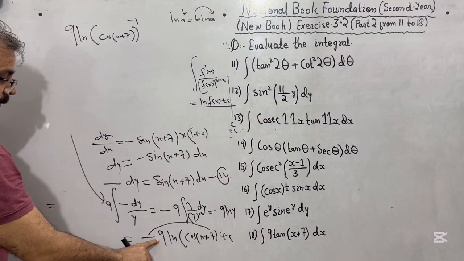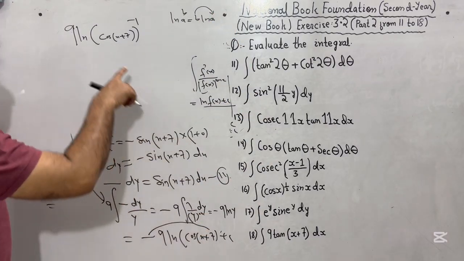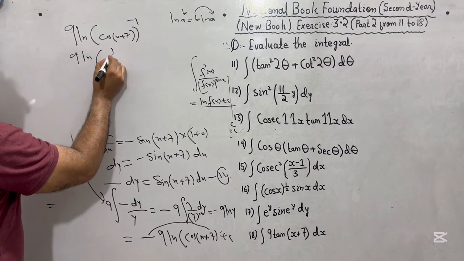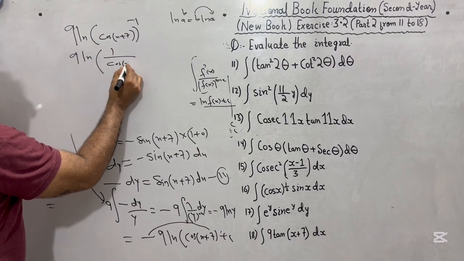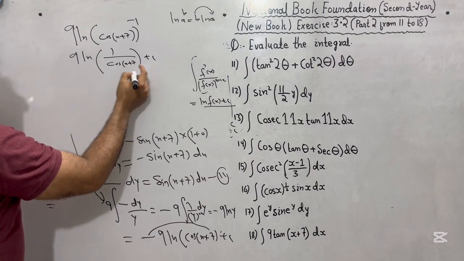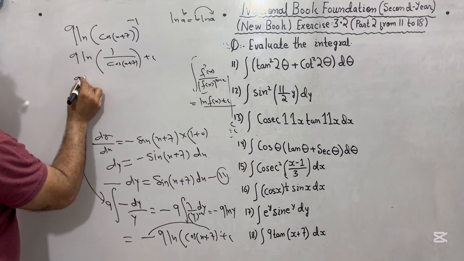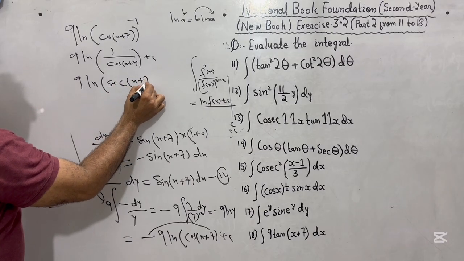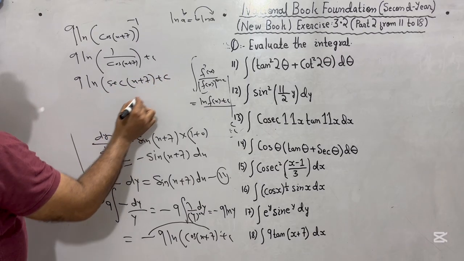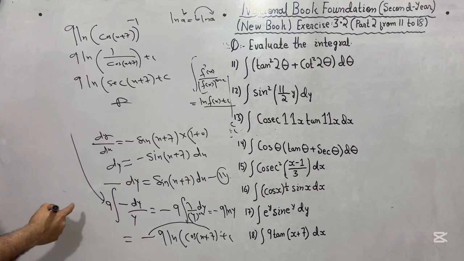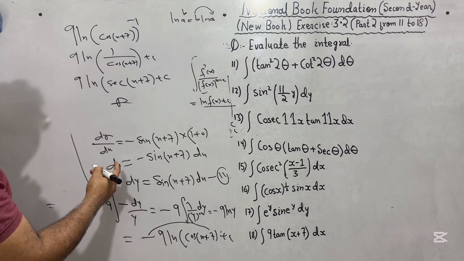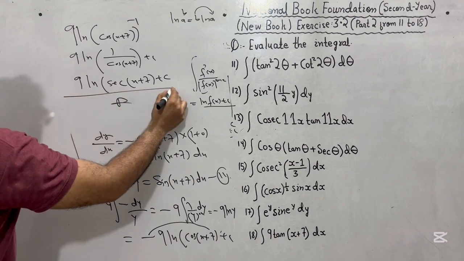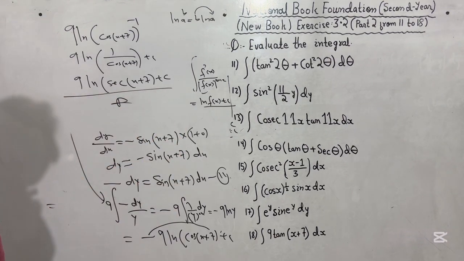That is how to make exponent positive. It will become 1 over cos x plus 7. We know that the reciprocal of cos is sec, 9 times ln sec angle same x plus 7 plus c. It's our answer that we have just proved some while ago. That's our answer in that case.